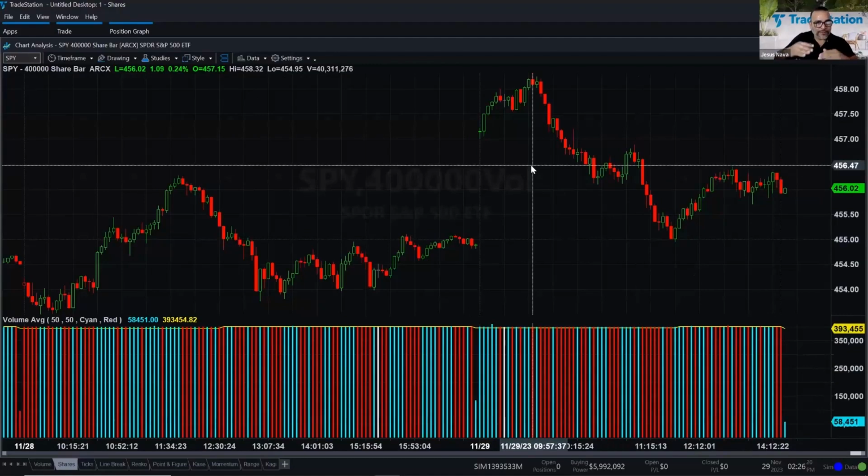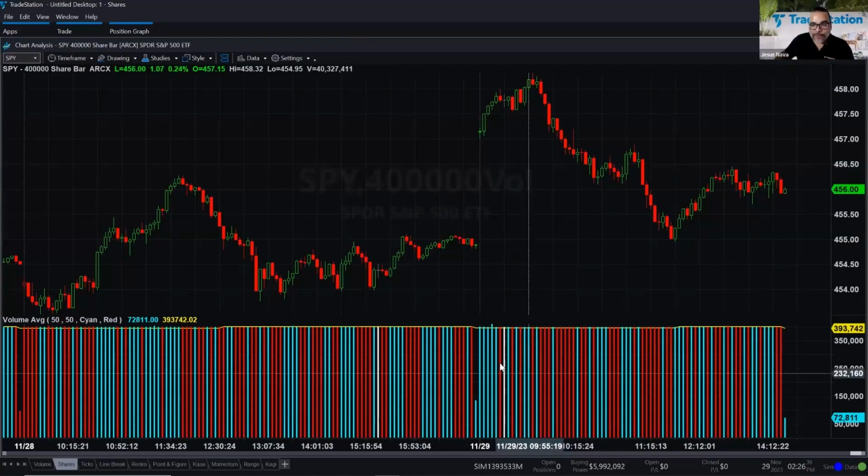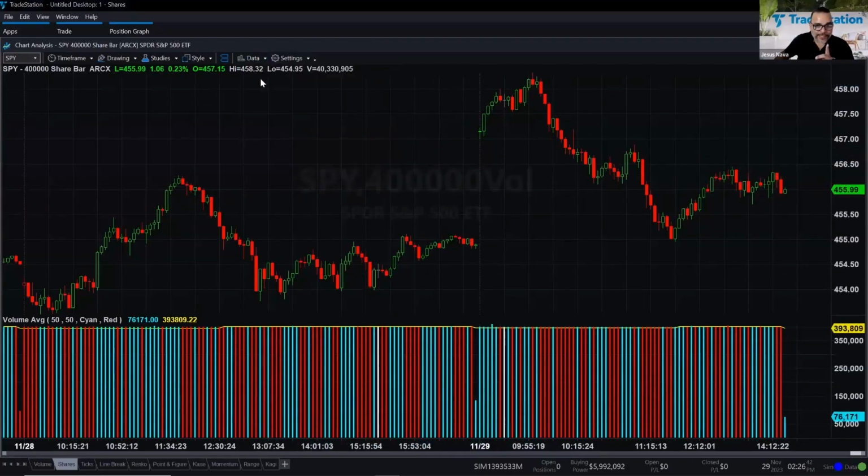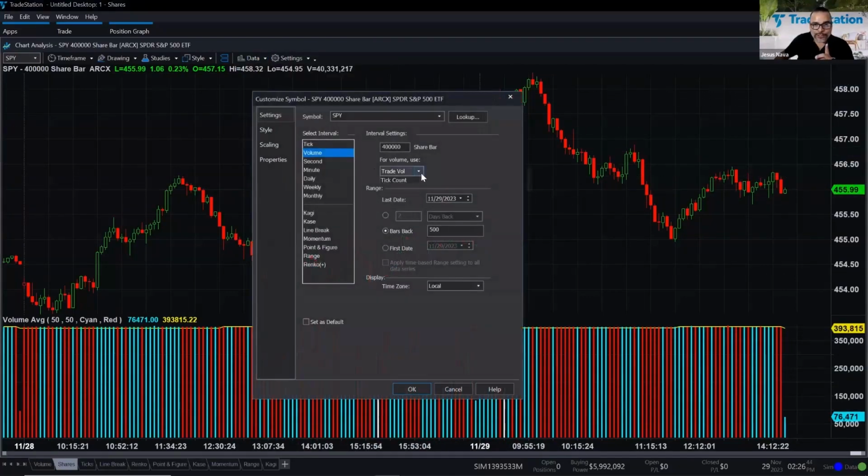We're following the same concept. The candlesticks are being built every 400,000 shares, and the volume bars are pretty much representing the same thing. So we have that flat effect. So in a chart like this, instead of monitoring number of shares for volume, it just makes sense for me to go into data, edit symbol, and switch my trade volume here to tick count.